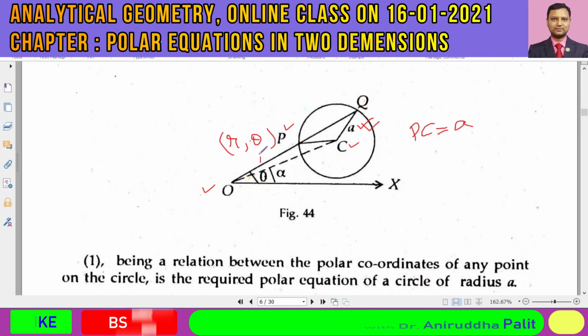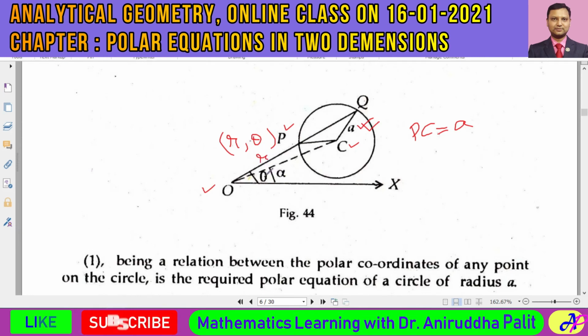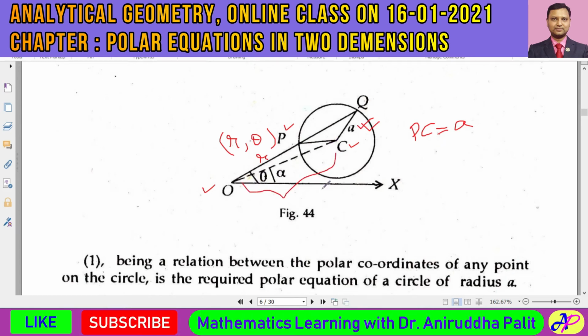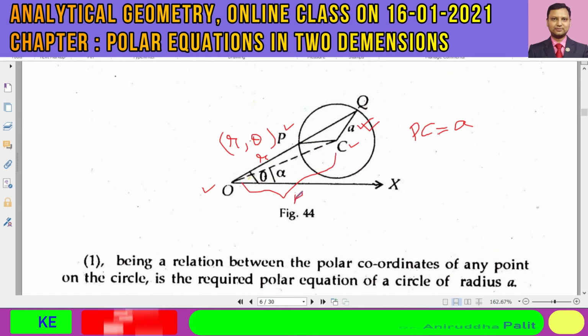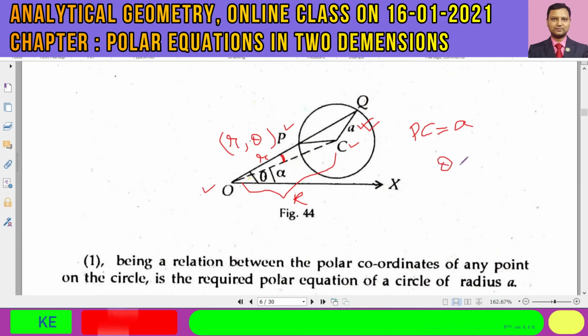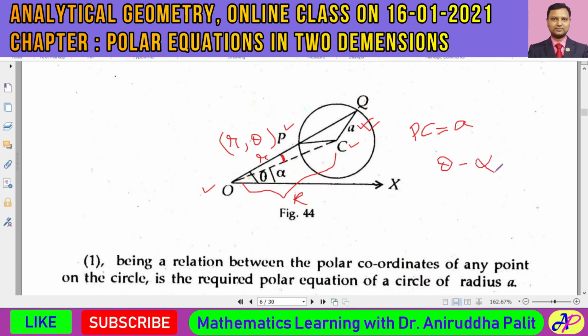This distance is equal to small r. This distance OC is equal to capital R. And what is this angle? This angle should be equal to theta minus alpha.